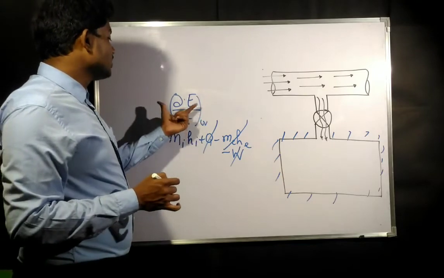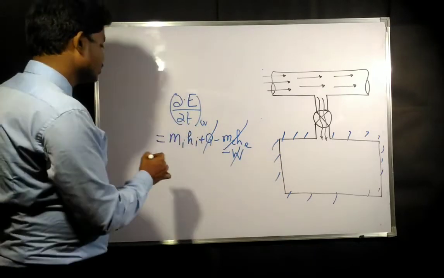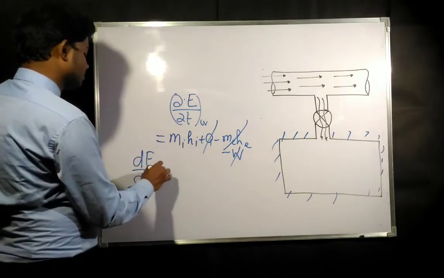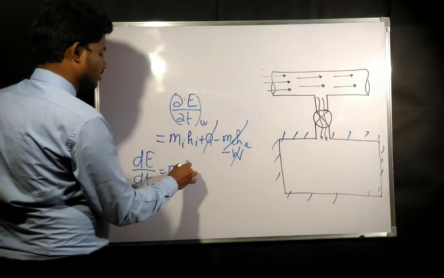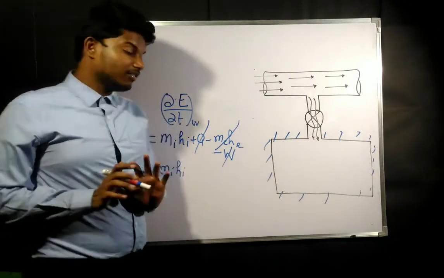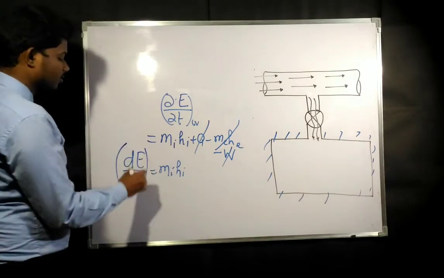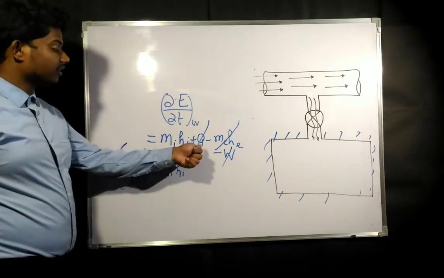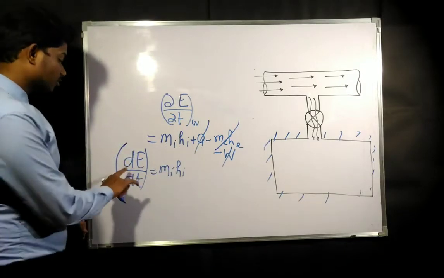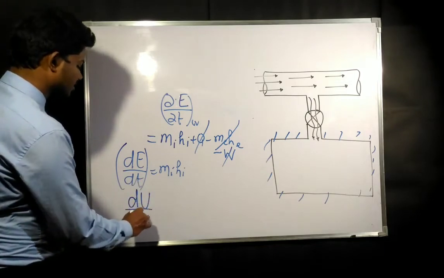That means the energy accumulation rate in this system is the same as mi into hi, that is, dE by dt equals mi into hi. Now in this case the potential energy and kinetic energy are neglected, so E becomes internal energy.